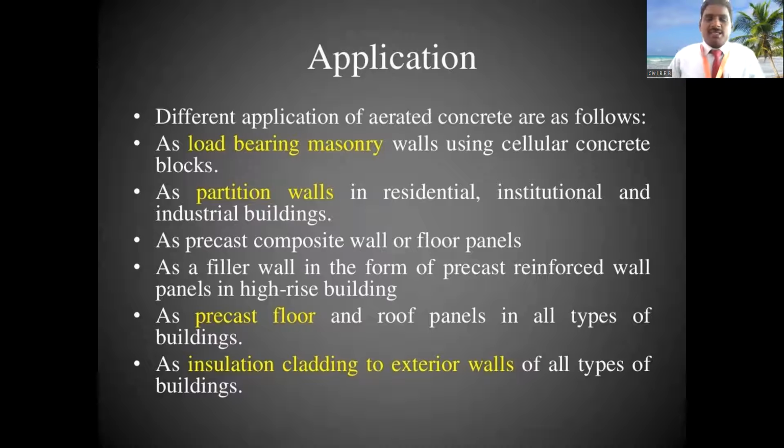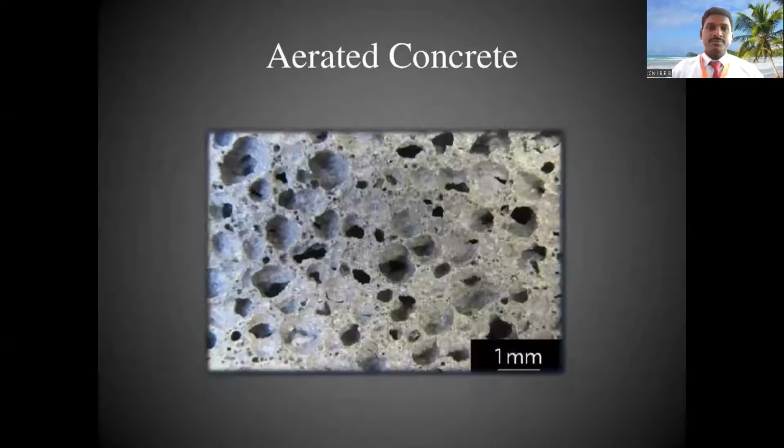Why are we using aerated concrete for the precast floor? Because we have to use lightweight concrete, that is the aerated concrete, and so we can use it for roof panels also. These are some precast components we are using made from aerated concrete.